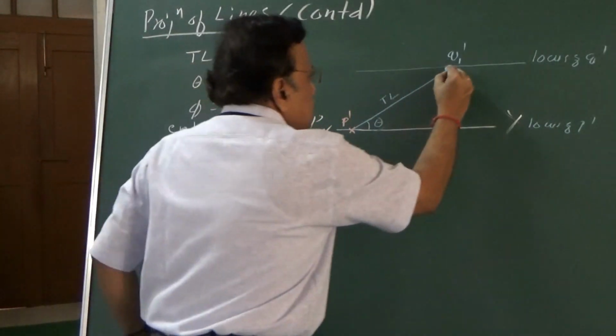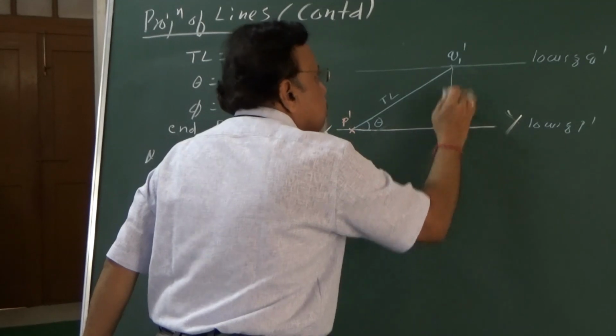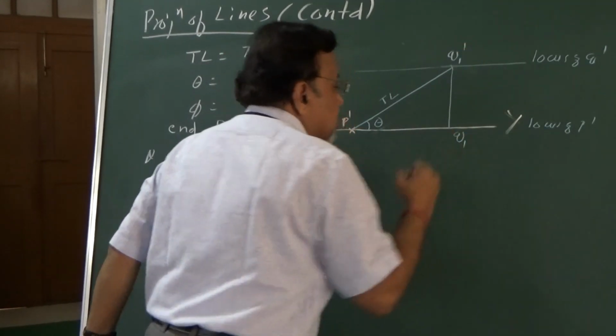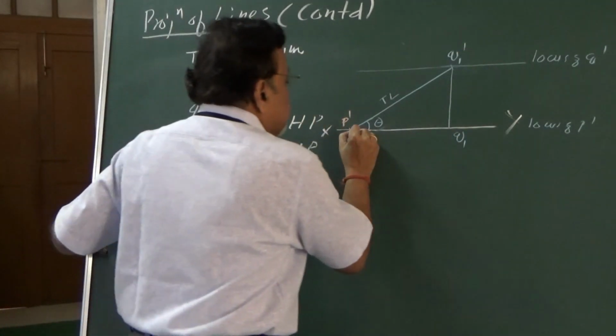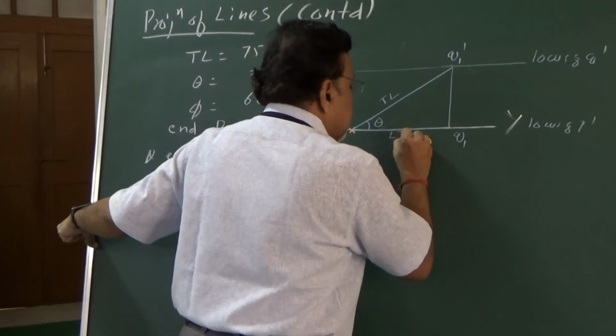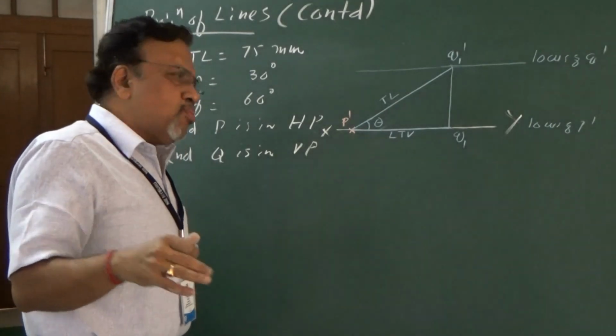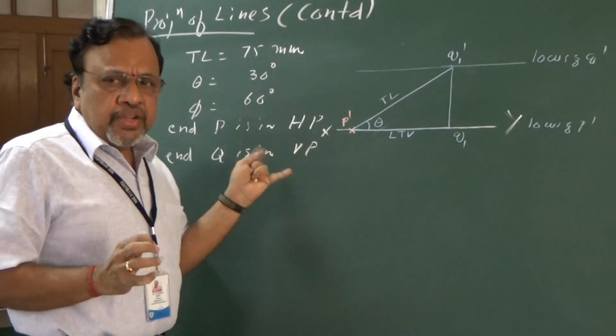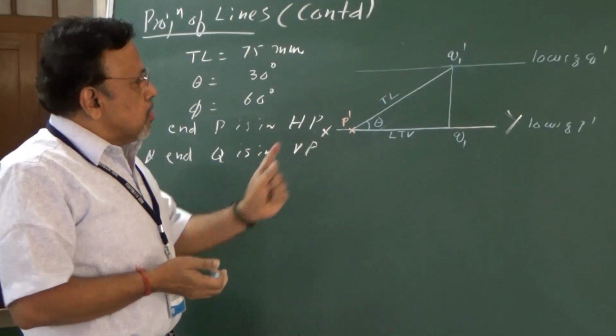Then as usual, the projected length. So this is Q1 dash, let me call it Q1, so that this particular length should be equal to your LTV. The same thing I have done earlier, I am doing the same; the only thing is I am giving a different combination of problems. So this is stage 1.